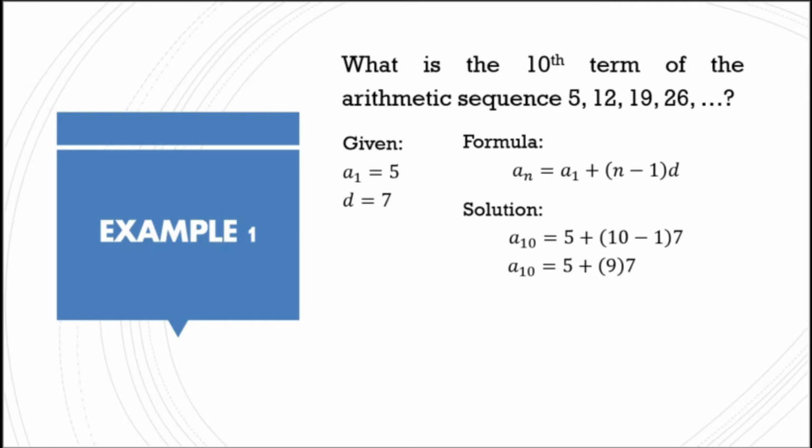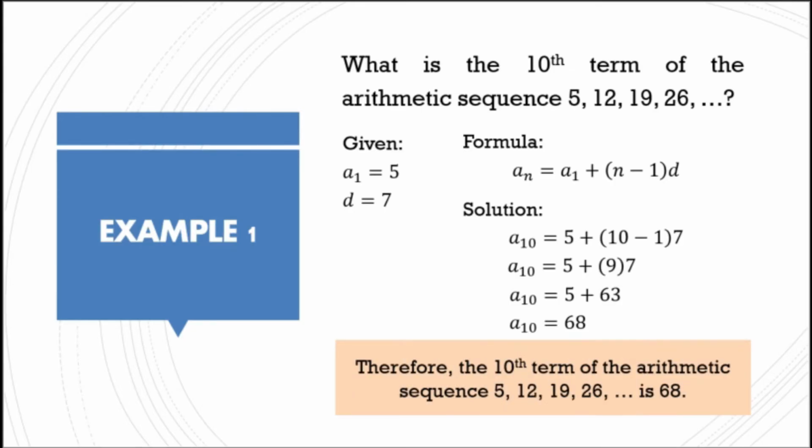Then we have 9 multiplied by 7, which is equal to 63. We now have 5 plus 63, which is equal to 68. Therefore, the 10th term of the arithmetic sequence 5, 12, 19, 26 is 68.